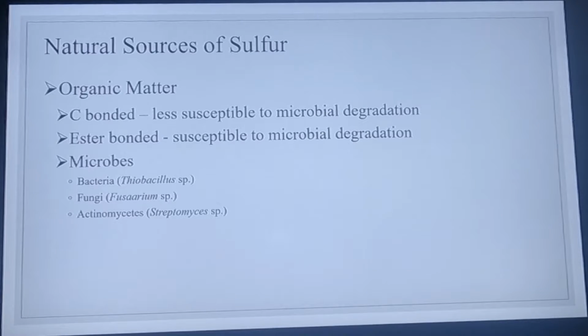Not that you really need to know too much about the organic matter and the carbon bond and the ester bond, but there are two different types. That's more like soil chemistry and how those bonds break and organic rings and whatnot. But just to understand that it's not the same type of sulfur, especially the organic. And then we have these different bacteria and fungi and microbes.